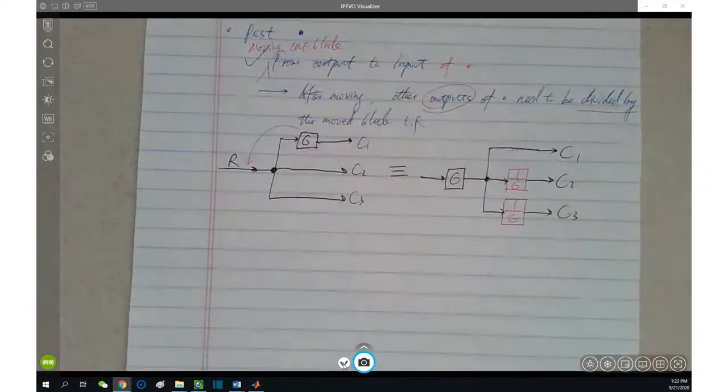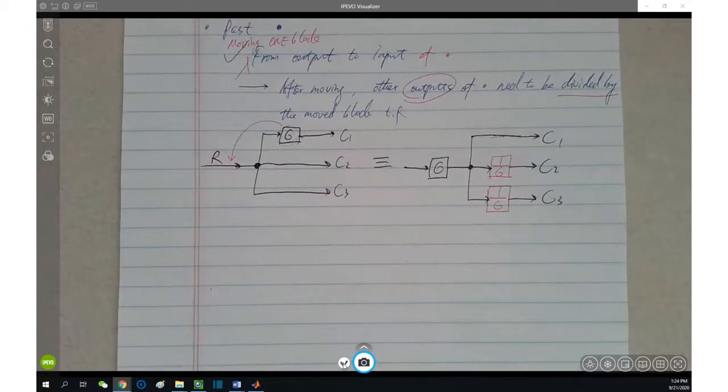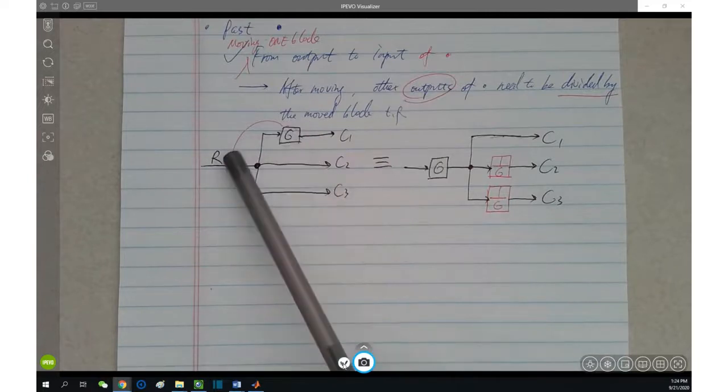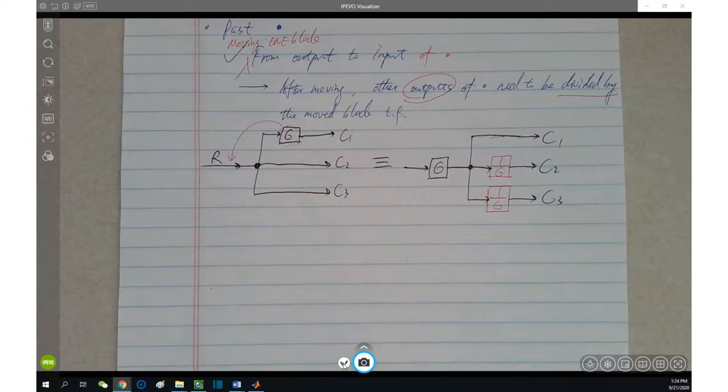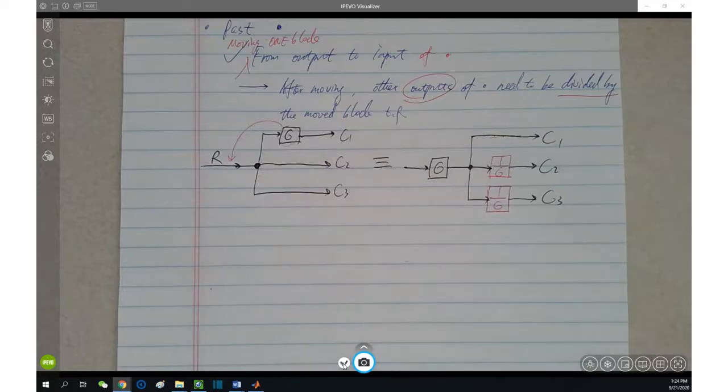This is what the algorithm tells us. You move one block from the output side to the input side of the pickup point. The other outputs, these two, need to be divided by G. Divided by means times 1 over G, right? This is the algorithm.